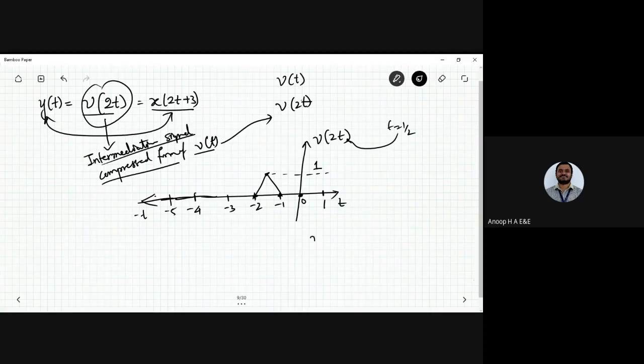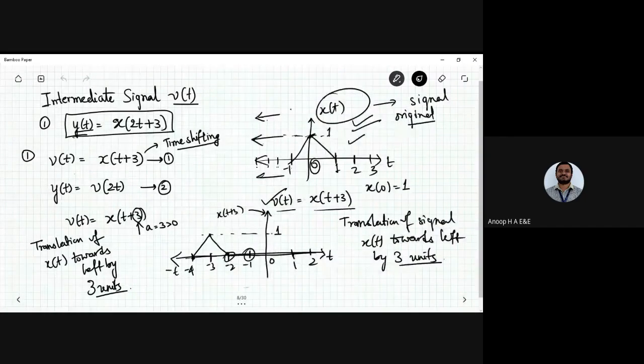Okay. So for example, when v of 2t is there, when t is equal to 0, that is v of 0, the original equation, which is again equal to 0 there. When t is equal to minus 1, that is v of minus 2. What is v of minus 2 here? That is equal to 0 here.